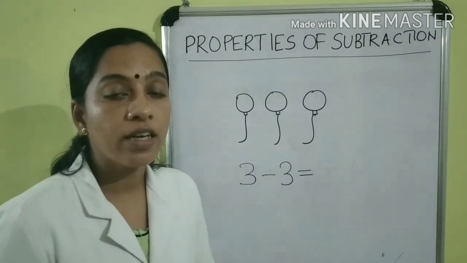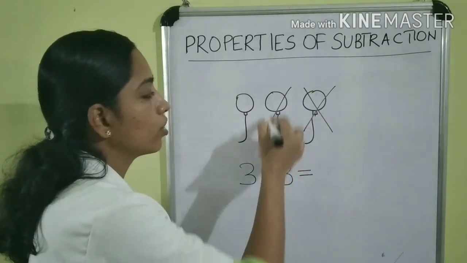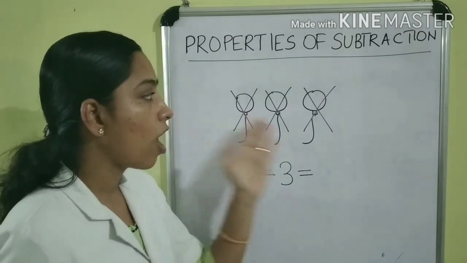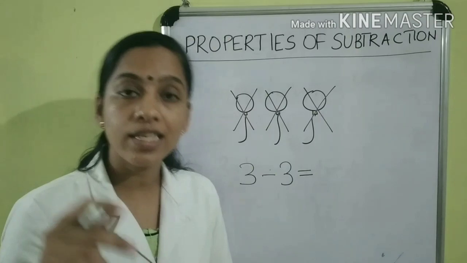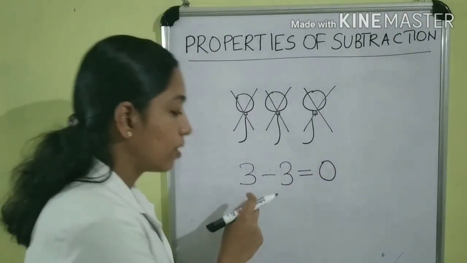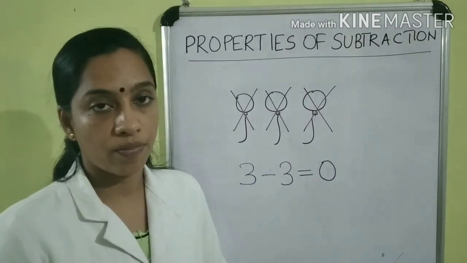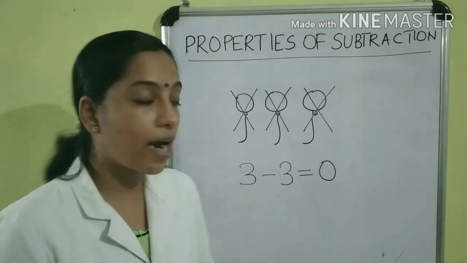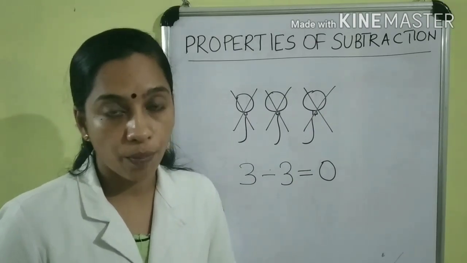So we can cross out 3 balloons. 1, 2, 3. Then tell me children, how many balloons are left here? No balloons, that is 0 balloons. So we can write here 0. That is 3 minus 3 is equal to 0. That is, if a number is subtracted from itself, the answer is 0.